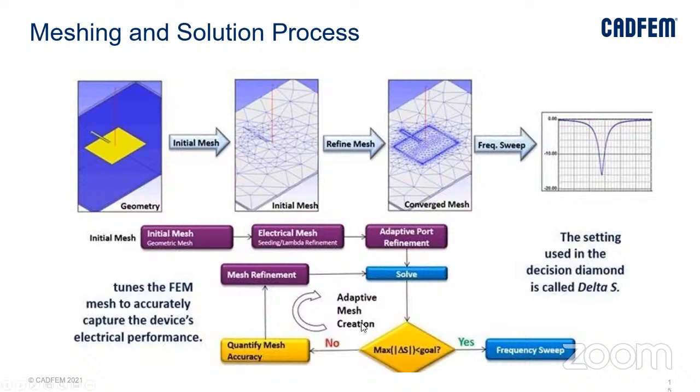This process repeats, and when the solution criterion is met, the obtained results are accurate. This is advantageous to the user, because the user need not concentrate on the meshing, but can concentrate on the geometry.